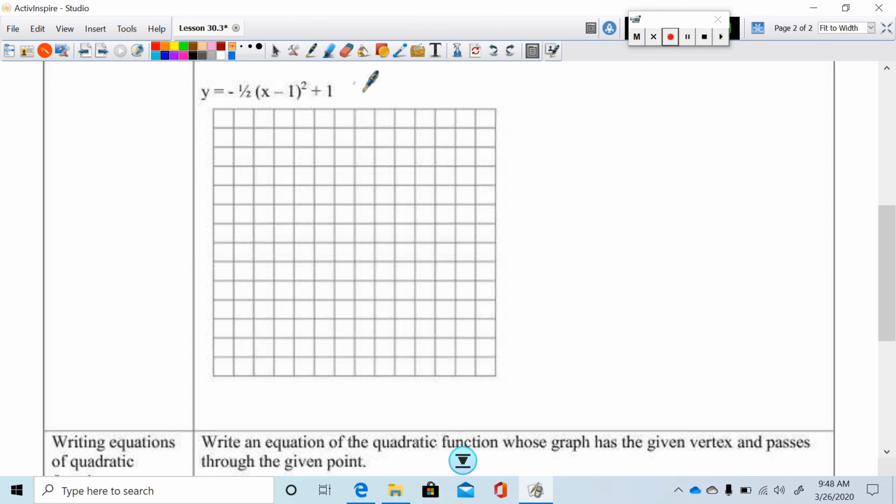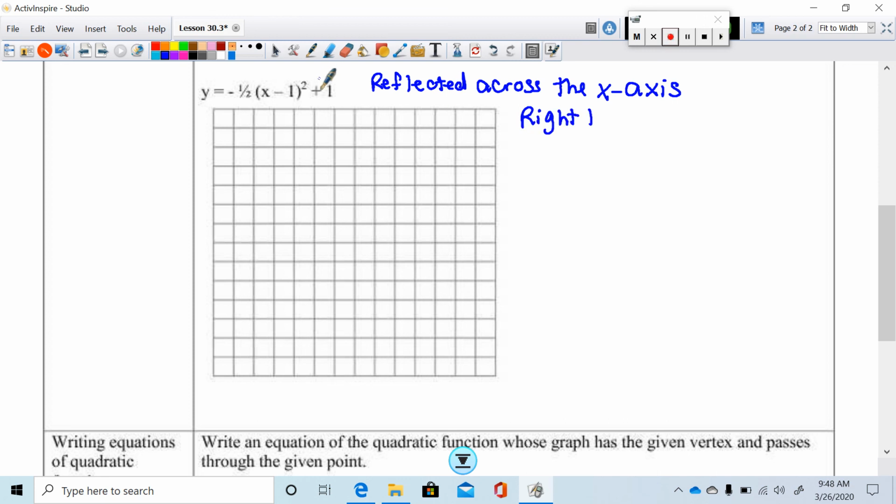Okay, the negative means it's reflected across x. In the parentheses, the -1 means right one.